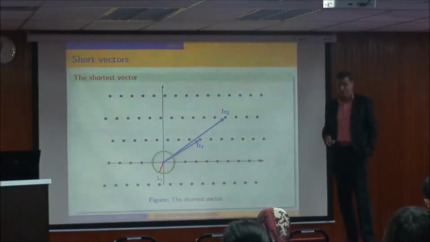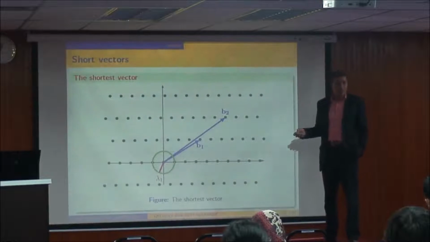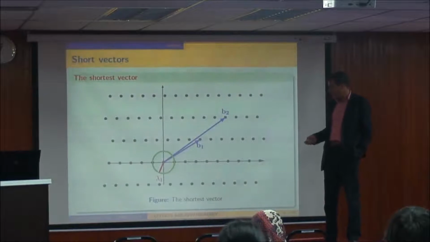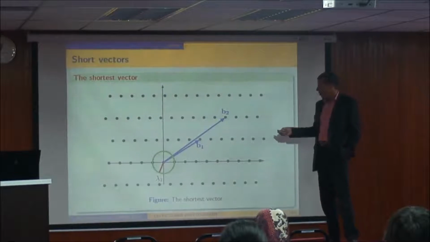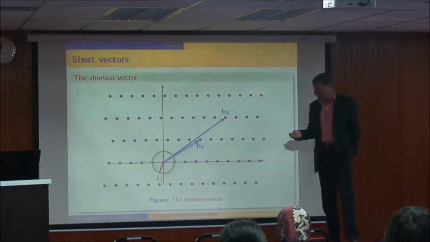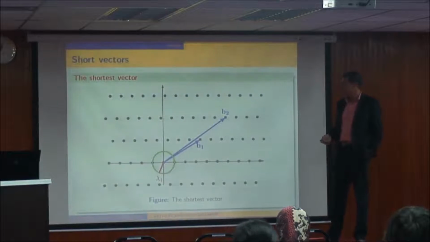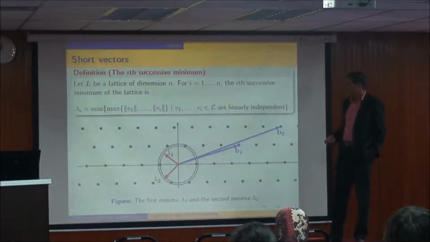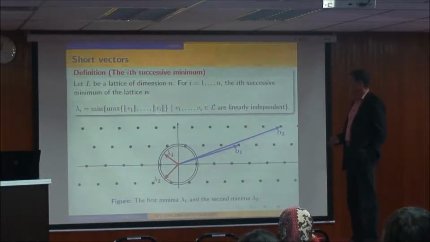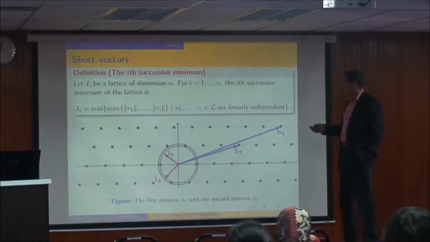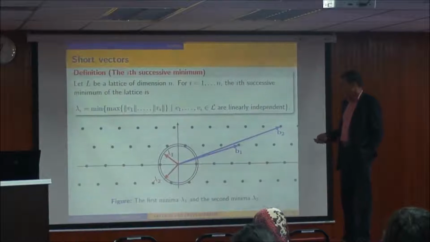Here we are in dimension 2, and we can see that in dimension 2 we can find the shortest vector easily. But in some situations, when the dimension is very large, it's very difficult to find the shortest vector. In general, there are many successive minima of short vectors.